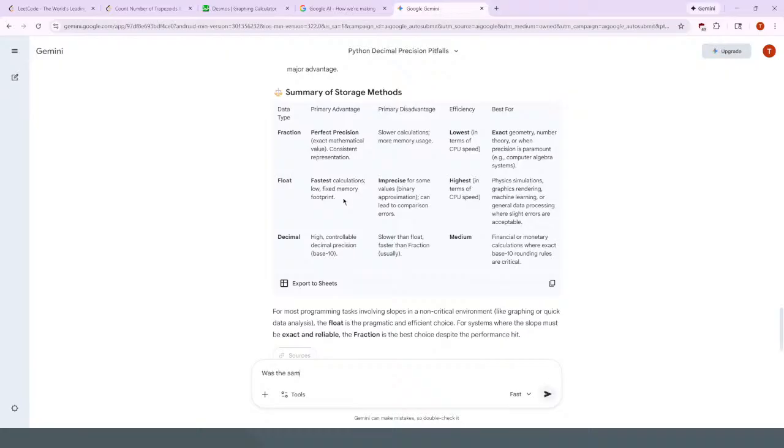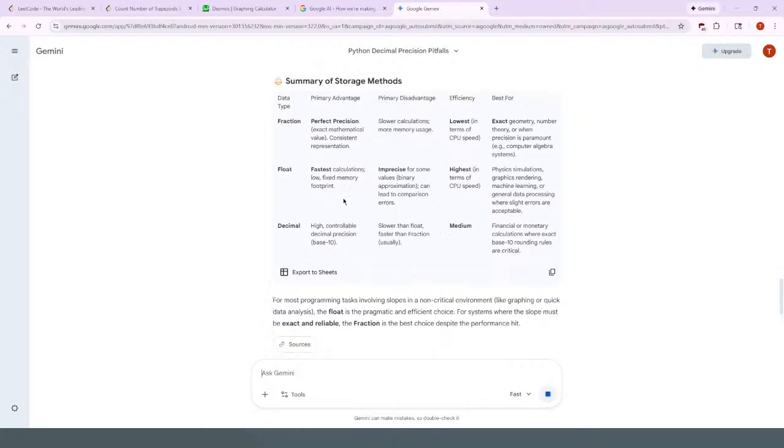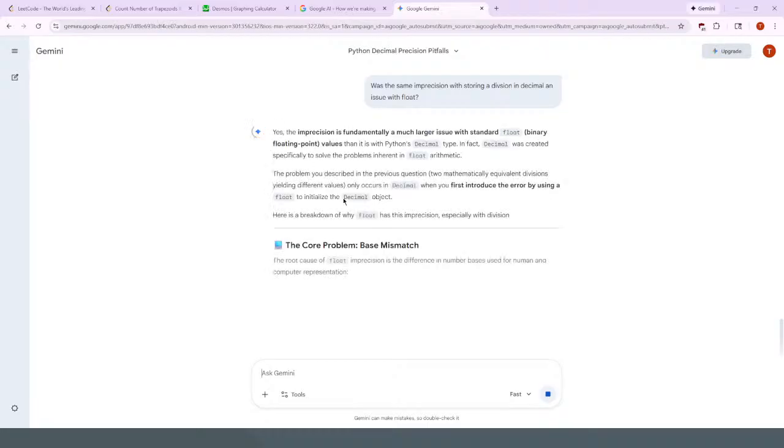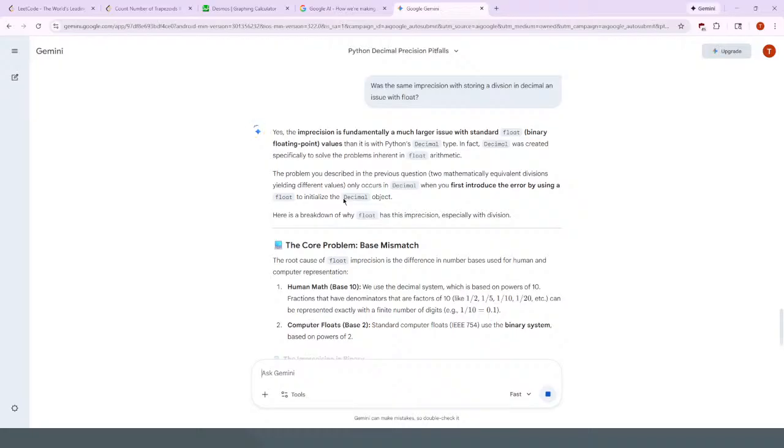Was the same imprecision with dividing, restoring a division in decimal, an issue with float. Okay, yeah.